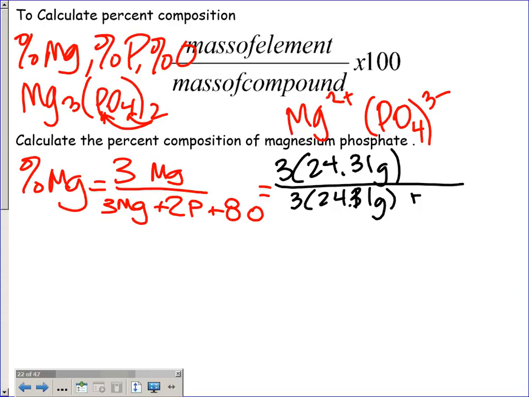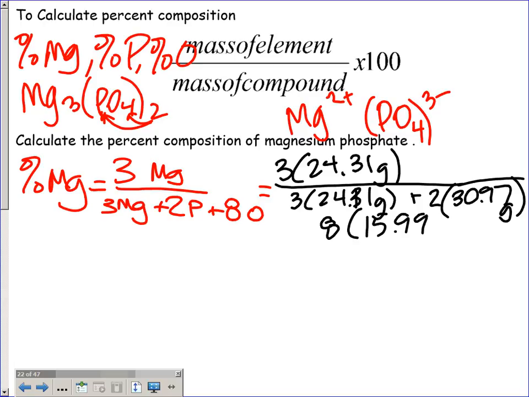Anel's group, what's the mass of phosphorus? 30.97, so that's 2 times 30.97 grams. That's just the phosphorus so far in magnesium phosphate. And then Tessa's group, oxygen, 15.99. And some, like I said, say 16.00. Use what your periodic table says, and I will always reflect on yours.